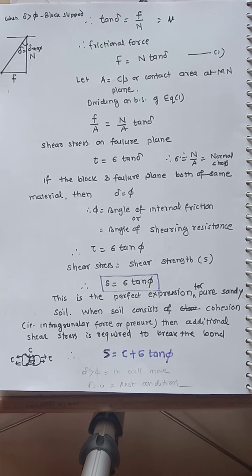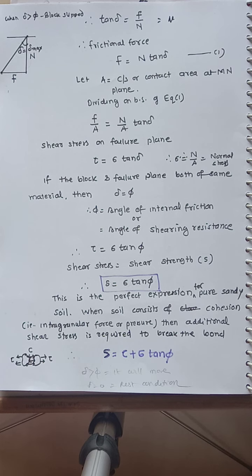Now in the case of a clay soil, this expression has to be modified a little, because in clay, as you can see in the figure here, the particles are bonded together. You must have seen that clay, when it is partly saturated or dry, forms a group of particles called a flock. Why are these particles together?